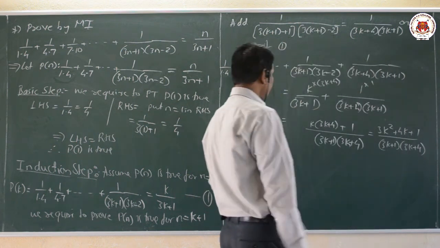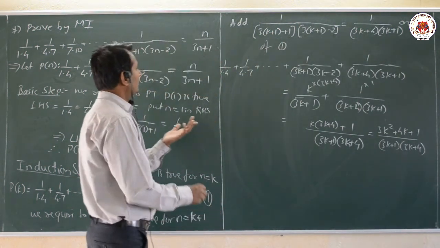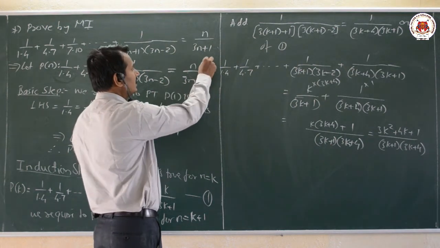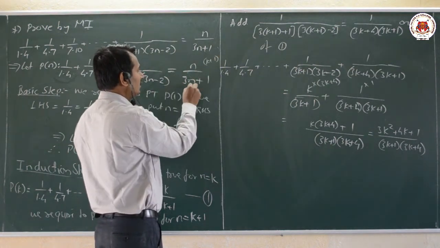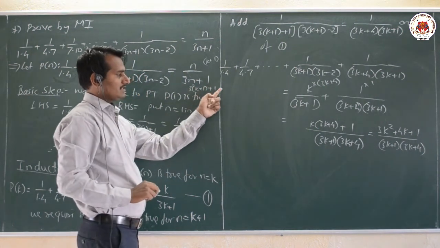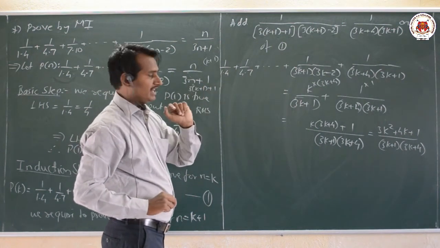What we actually require is, in the place of n, k plus 1: the numerator is k plus 1, and the denominator is 3(k plus 1) plus 1, that is 3k plus 3 plus 1, that is 3k plus 4.